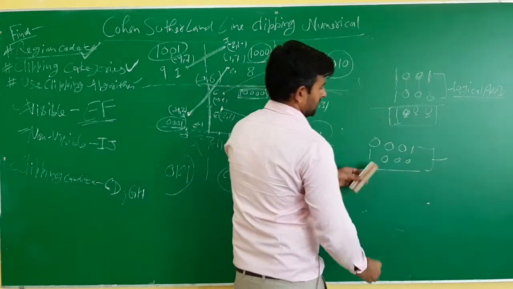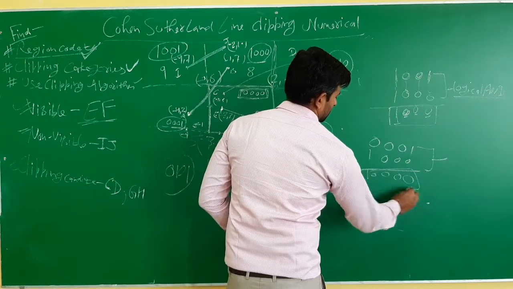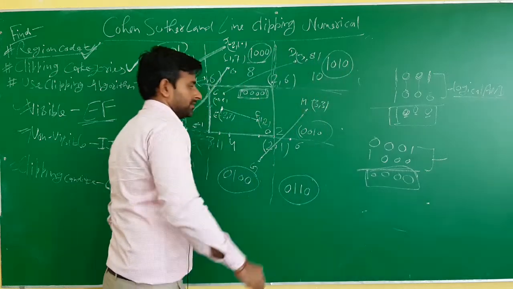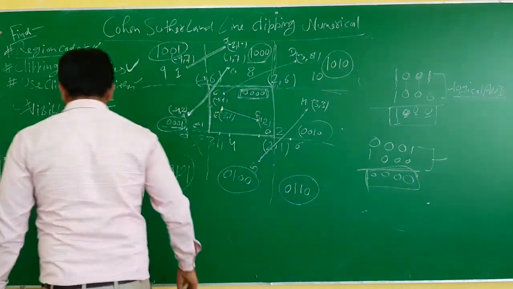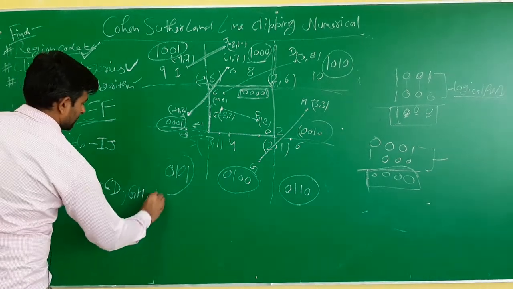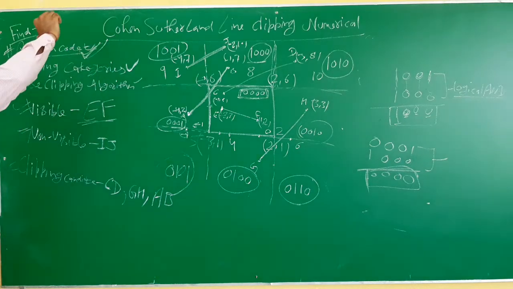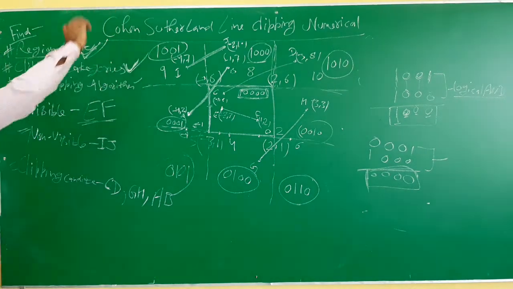Perform the logical AND operation, we will get 0 0 0 0. Again this will come under the clipping candidate category, AB. Now our first point is complete and the second condition is complete.